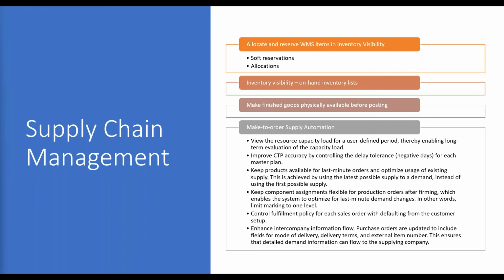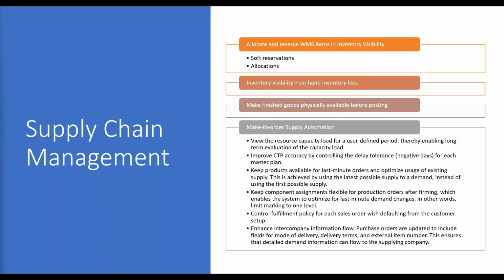The other one I wanted to highlight is make to order supply automation. This is a pretty broad bucket that they put inside of the release notes. When we think about our capable to promise capabilities, what we're saying is that when we have a make to order event with CTP, we want to integrate more with the data that drives those decisions.